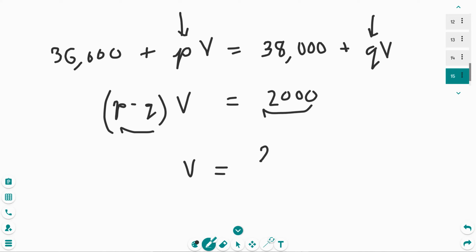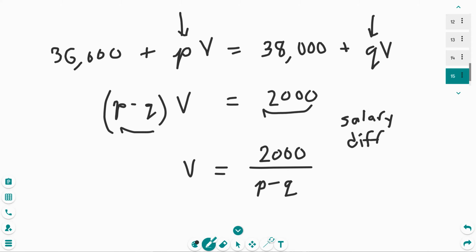Again, we can solve that. We find that V, the value of statistical life, is equal to the $2,000 salary differential divided by the survival rate differential.